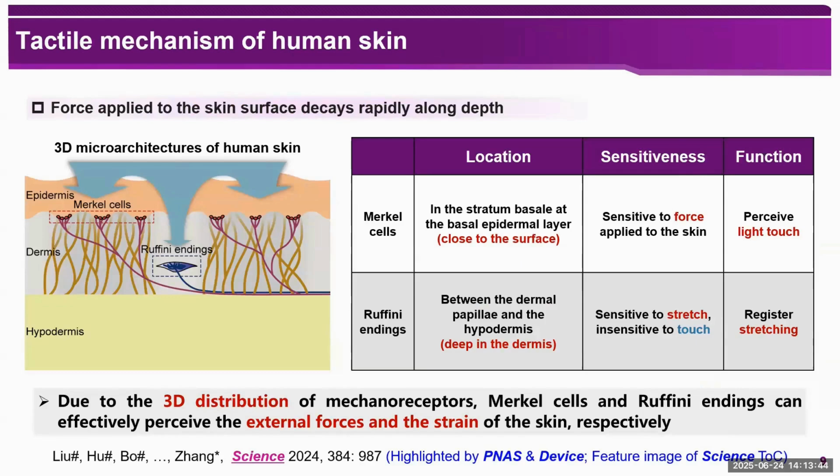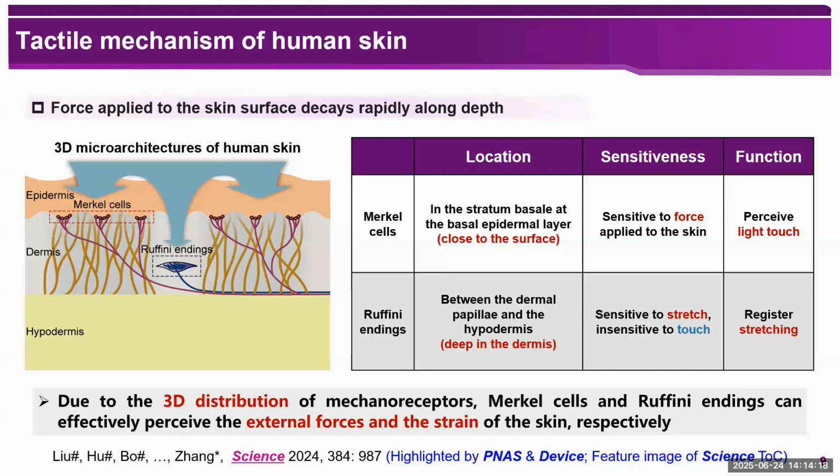In our human skin, there are two main types of slowly adapting mechanoreceptors, namely the Merkel cells and Ruffini endings. The Merkel cells are located very close to the skin surface in the epidermis layer, while the Ruffini endings are deeper in the dermis layer. Because the force applied to the skin decays rapidly along the depth, the Merkel cells become very sensitive to the external forces, while the Ruffini endings deeper in the skin are less sensitive to the external forces.